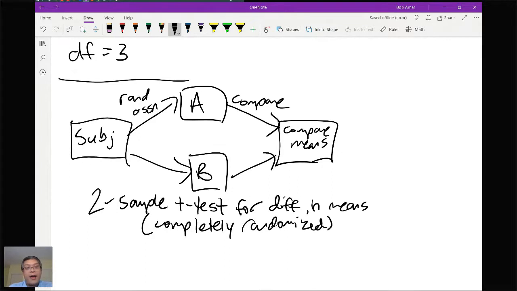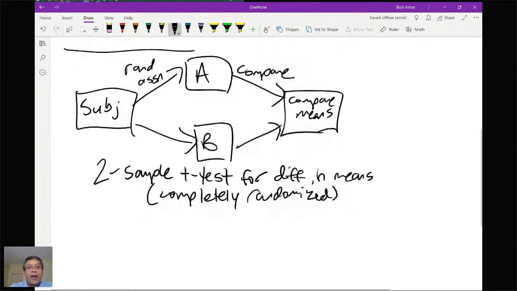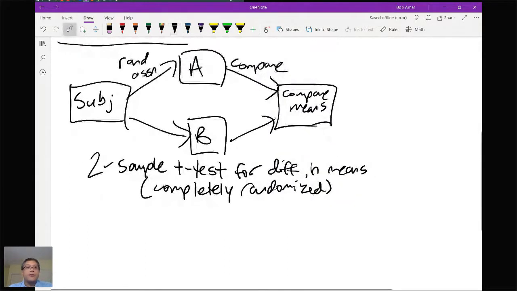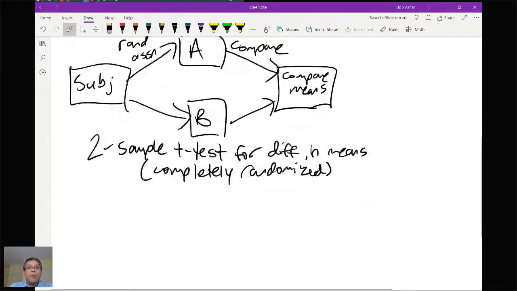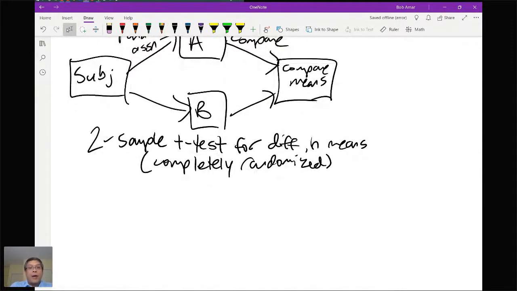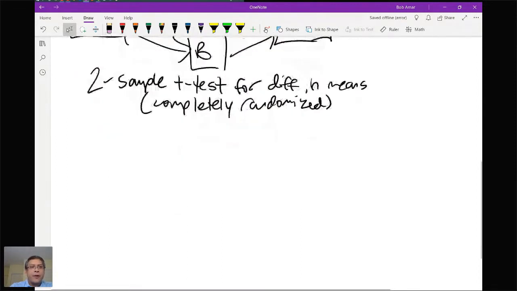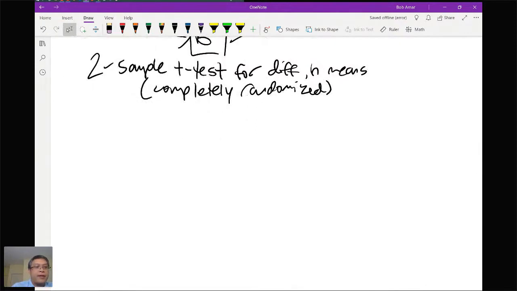You will have matched pairs when what you're doing is blocking by sets of two, or you're blocking in and of themselves. I could draw a diagram, but it's better to give an example.